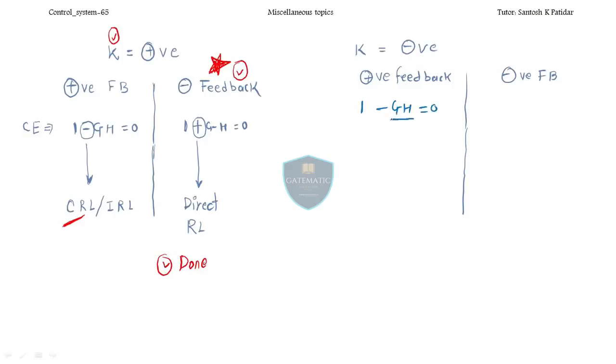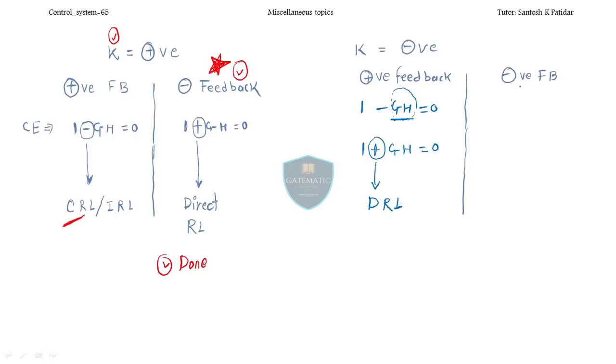And when the K value is negative, this will become 1 plus GH equal to 0. Are you getting me? And with this plus sign here, this belongs to direct root locus.